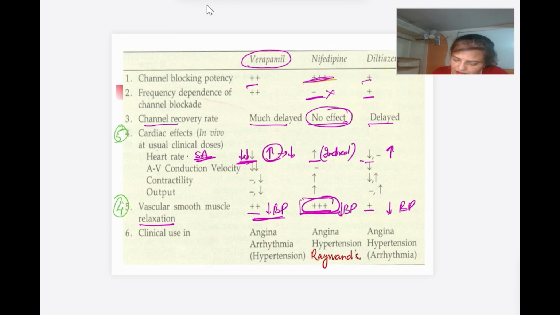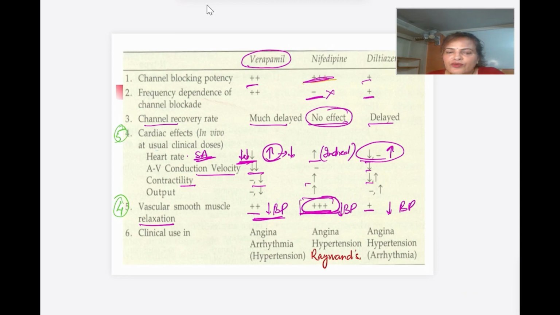Same way with diltiazem. Whereas nifedipine does not have any cardiodepressant action, so it increases the heart rate. Similarly, conduction velocity is decreased with these two, and contractility is decreased, whereas it is increased with nifedipine.